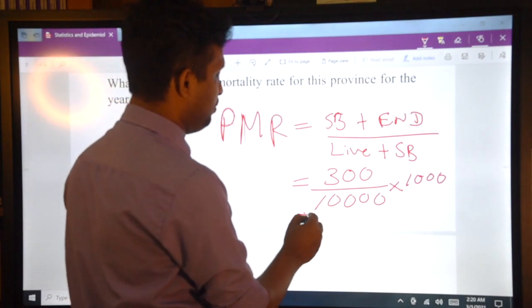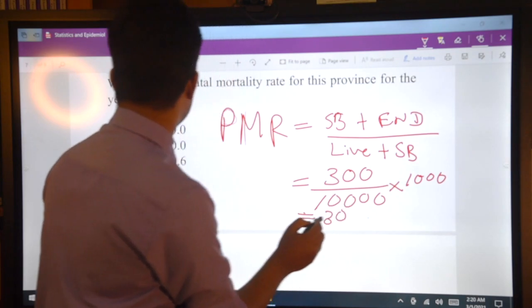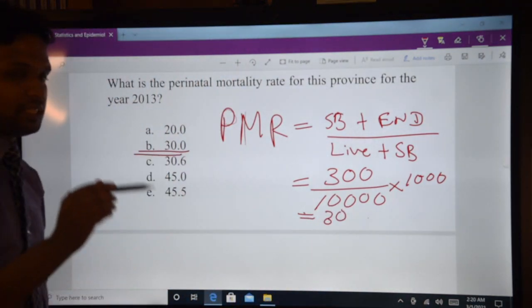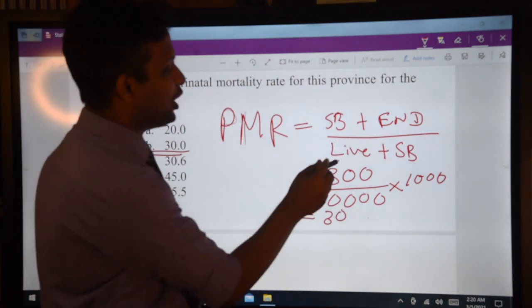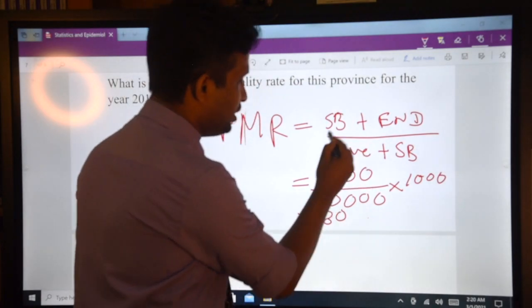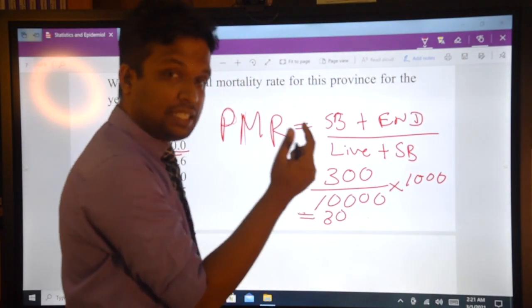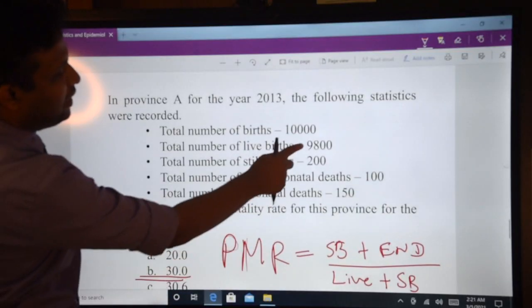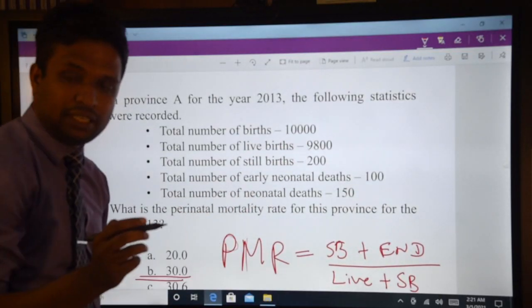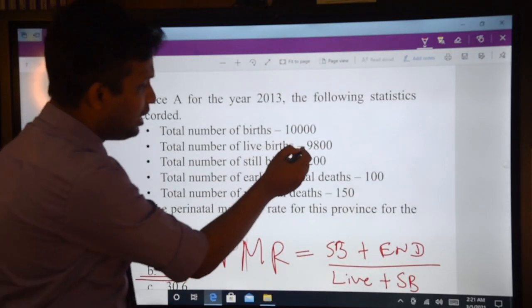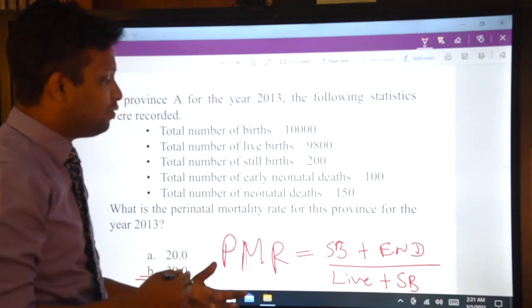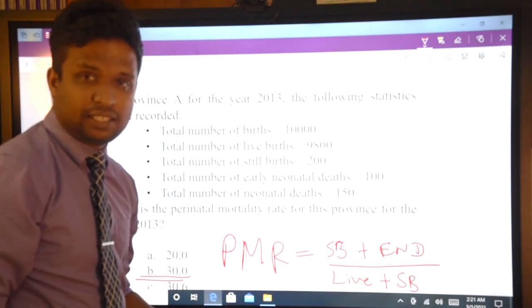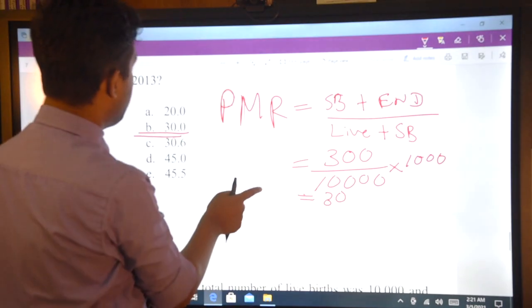So the answer here is 30. But some may think that we can use only live births in the denominator, which is 9,800 here. But the answer is wrong. If you apply 9,800, that will not be a rate, that will be a proportion. So the answer is 30.